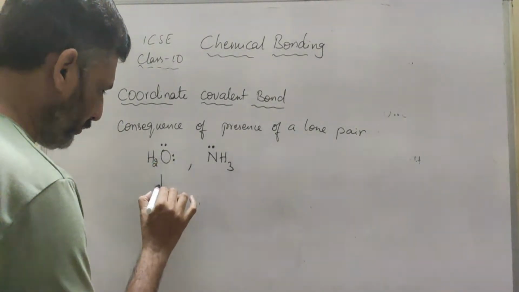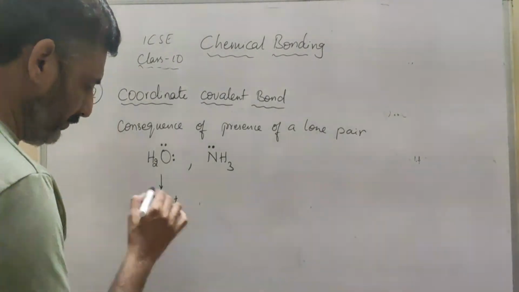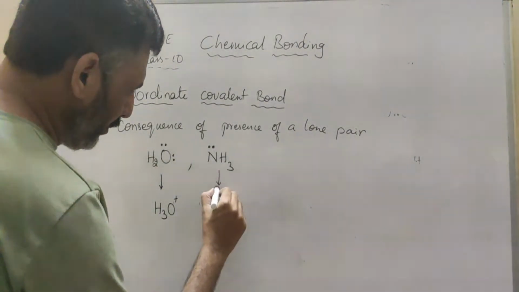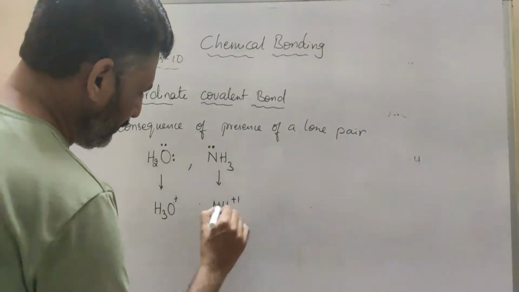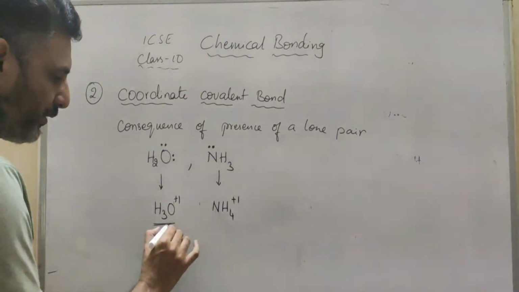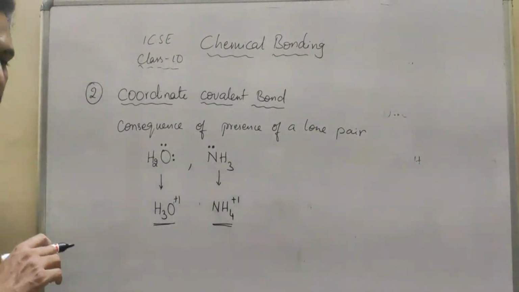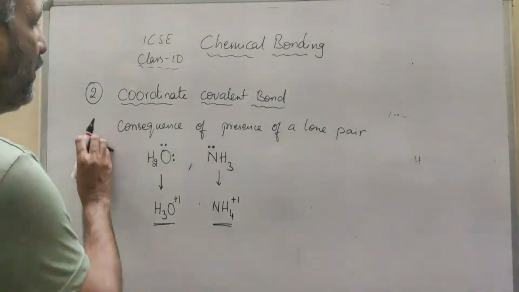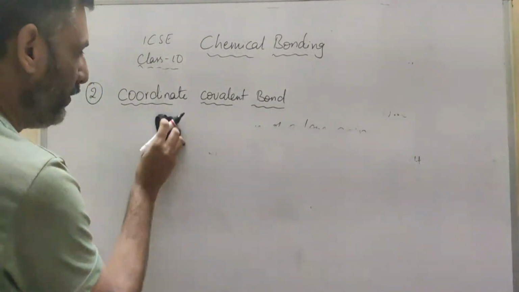From the water molecule you will get the hydronium ion, and from the ammonia molecule you will get the ammonium ion. We'll see how these 2 ions are obtained by coordinate covalent bonding.